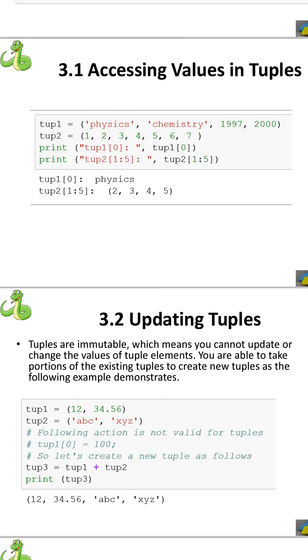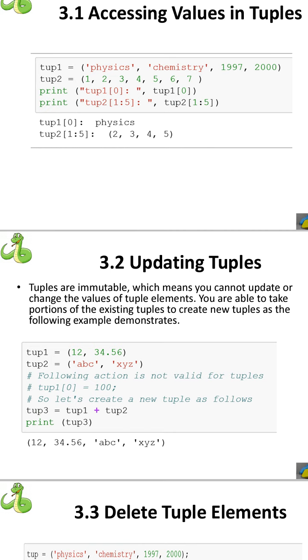In the 0th index physics is initialized, in the first index we have the value chemistry, and for the second and third indices we have values 1997 and 2000. Tuple 2 has 7 elements with values from 1 to 7, and index values for tuple 2 are 0 to 6.